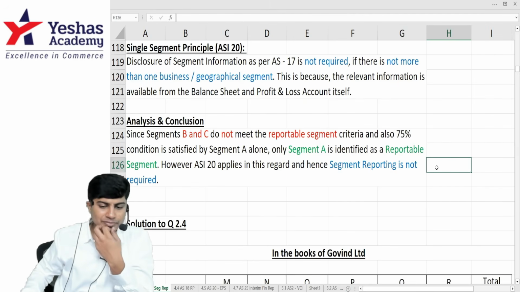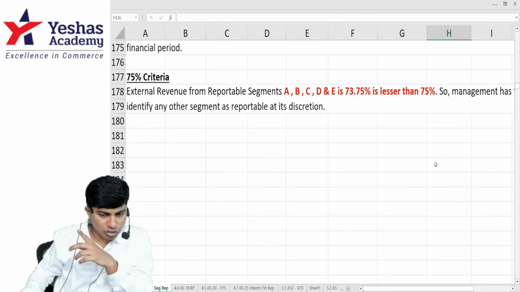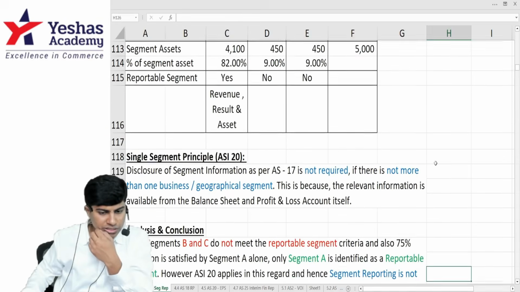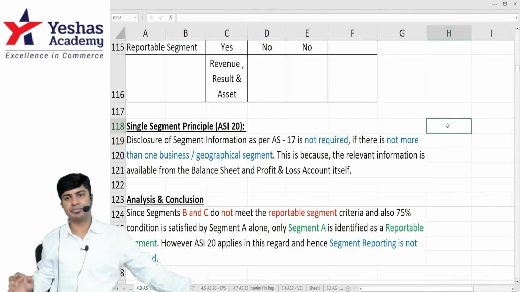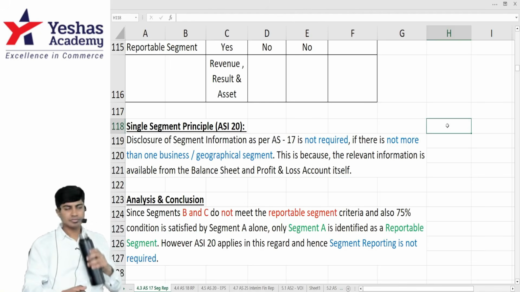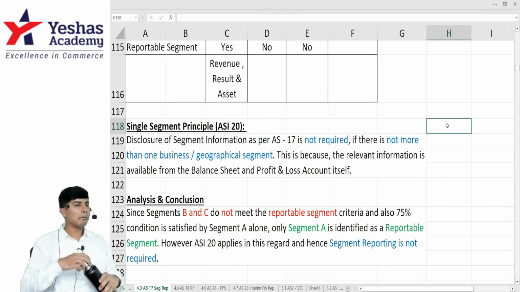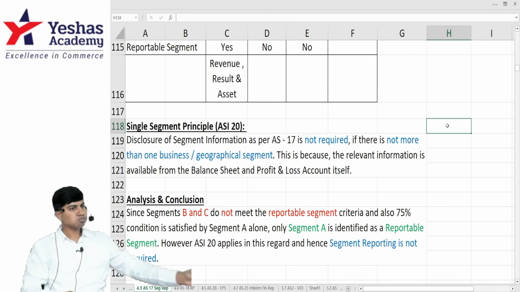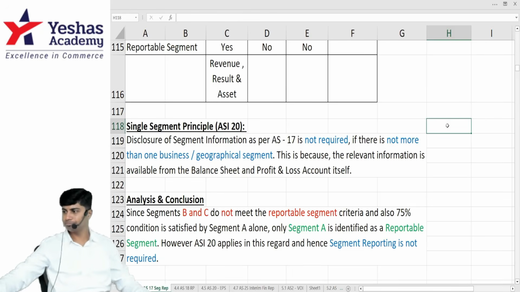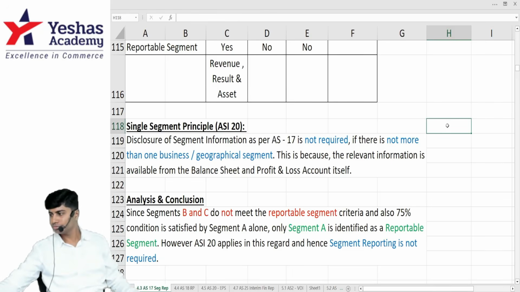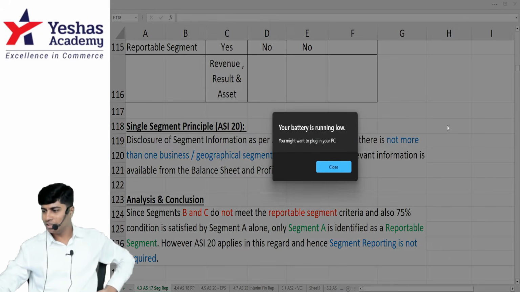Write it in detail. Whoever has finished writing can try 2.4. We have 2.4 and 2.5, two more questions in AS 17. Did you write the conclusion?